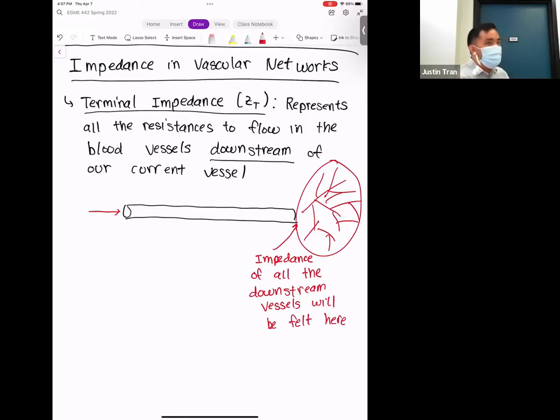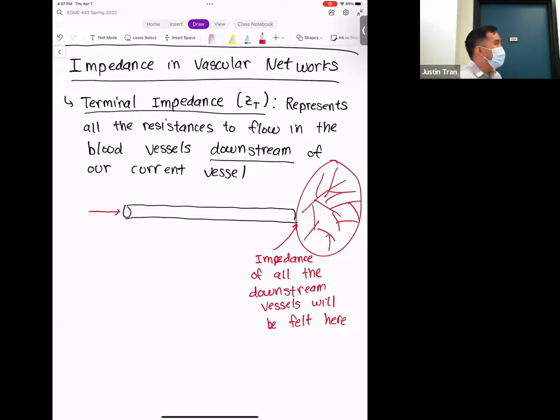Think about the analogy of driving your car on the freeway. Let's say you're driving on the 57, pulling out on Nutwood from Cal State Fullerton, and you want to go home, but 5 miles down the road there's a big pileup and a big crash. Even though you're 5 miles away from that crash, you still feel the effects of that resistance. Fluid mechanics and traffic actually share a lot of similarities.